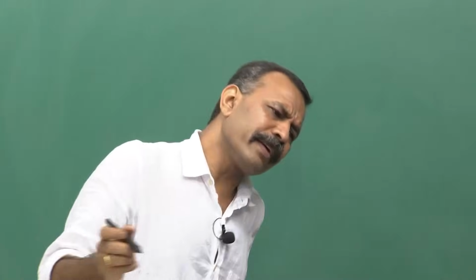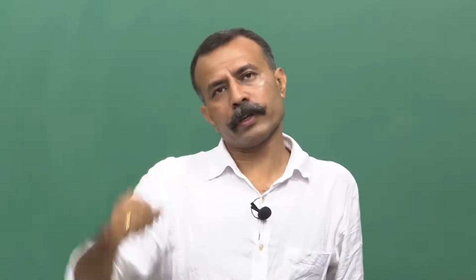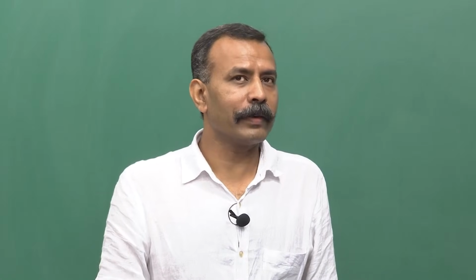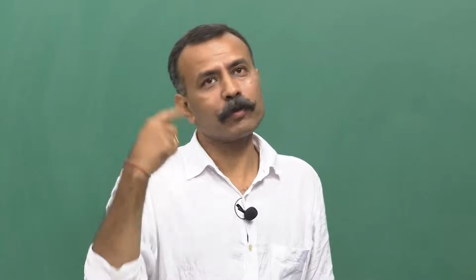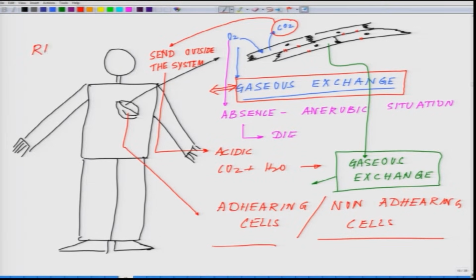Now, talking about the non-adhering cells, blood cells, they are circulating in your body. They are non-adhering, right? They do not adhere. If they adhere, then they will collapse, right, because they have to carry oxygen. So, are we talking about RBCs, red blood cells, or are we talking about WBCs, white blood cells, the lymphocytes, leukocytes, macrophages?